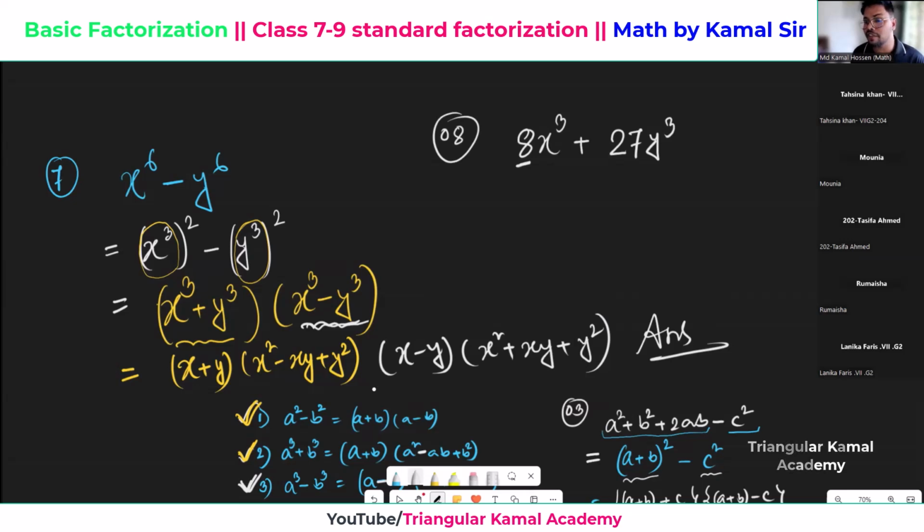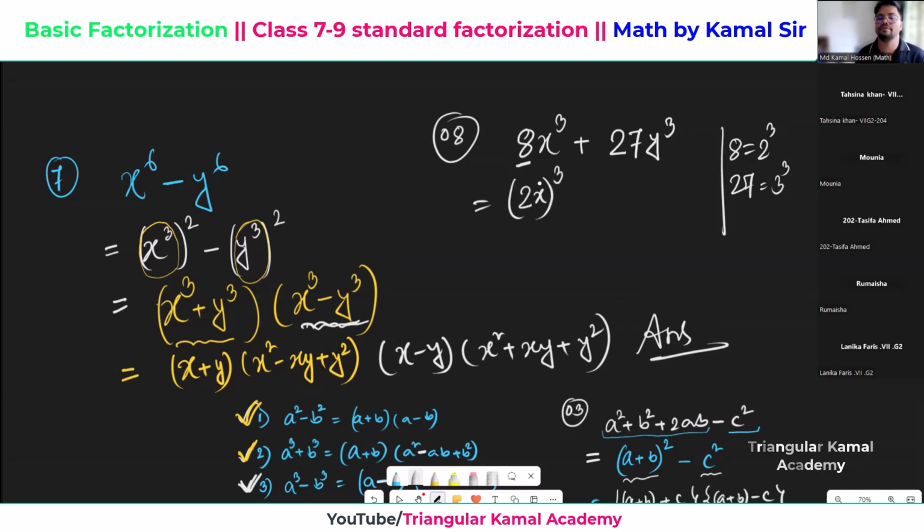Is it cubic number or not? 8 is perfect cube number. Here 8 can be written as 2 cube. 27 equal 3 cube. So now we can write here, this is 2x whole cube.